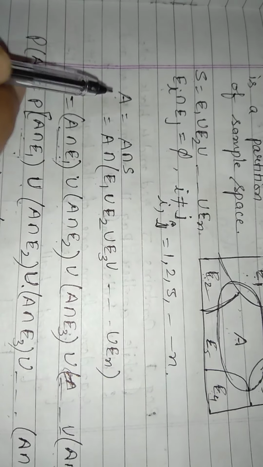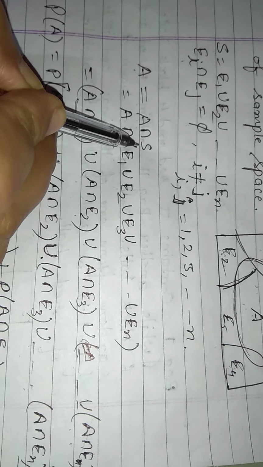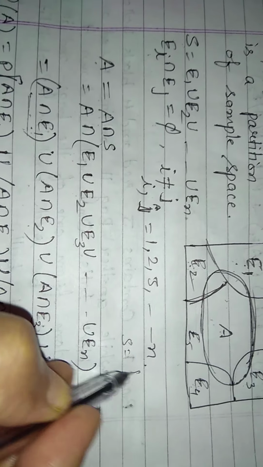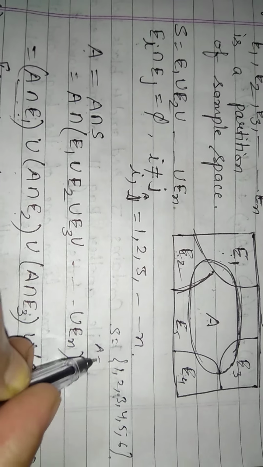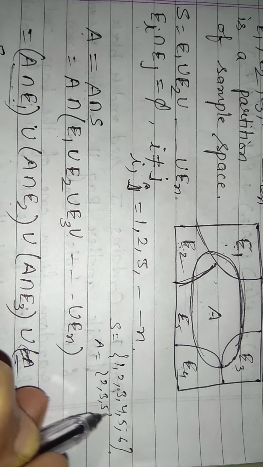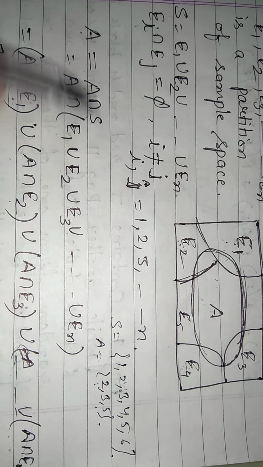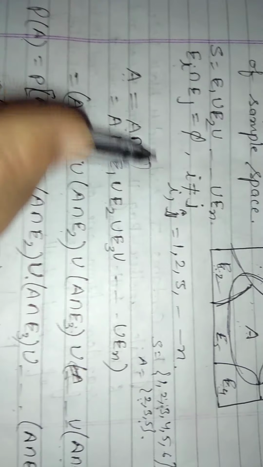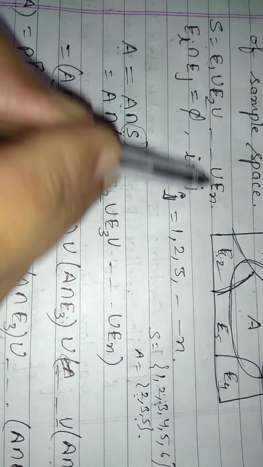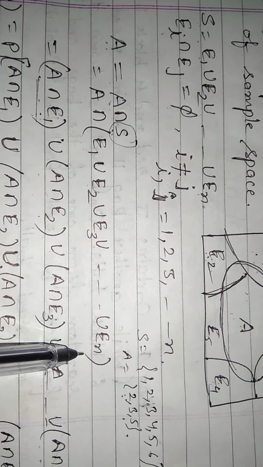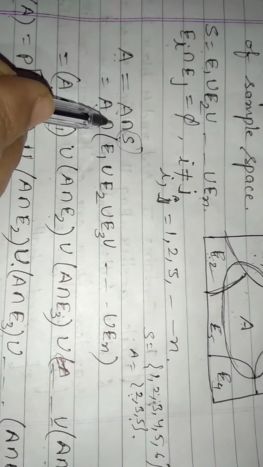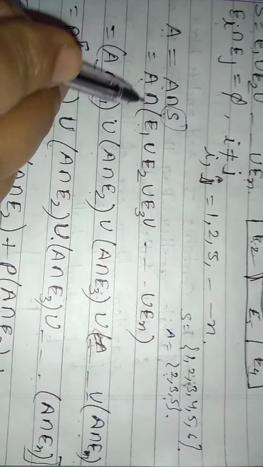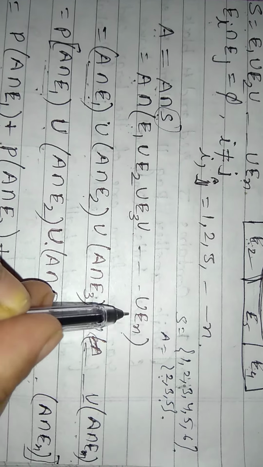So we know that A is equal to A intersection S. Suppose a sample space has elements 1, 2, 3, 4, 5, 6 and set A has elements 2, 3, 5. Then what is their intersection? 2, 3, 5. So we can write A is equal to A intersection S. And what is S here? S is E1 union E2 union and so on En. So we will write this in place of S. You know the distributive property.